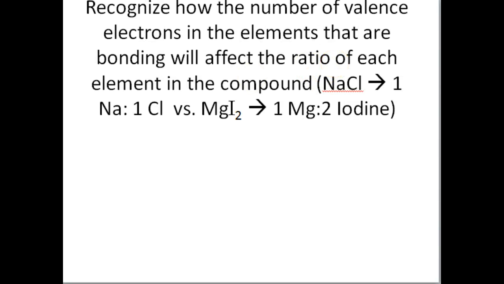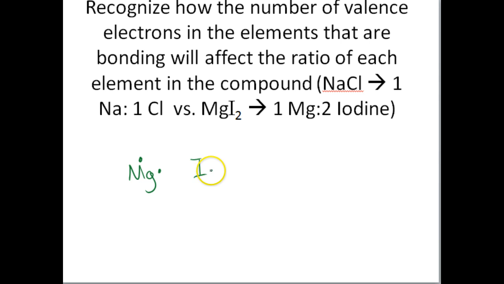Recognize how the number of valence electrons in the elements that are bonding will affect the ratio of each element in the compound. What we're talking about here is, if in the last example I gave you with sodium chloride, NaCl, it was a 1-to-1 ratio. But if we have magnesium and iodine, Mg, magnesium, has 2 valence electrons.